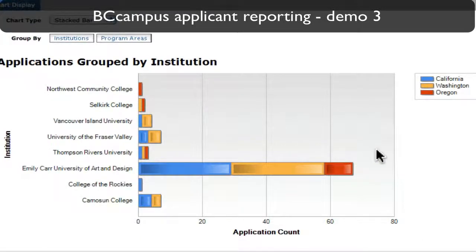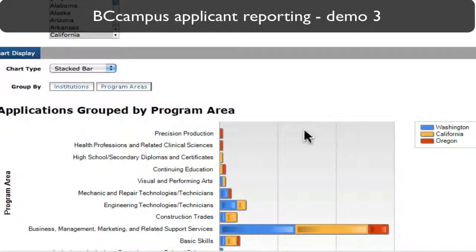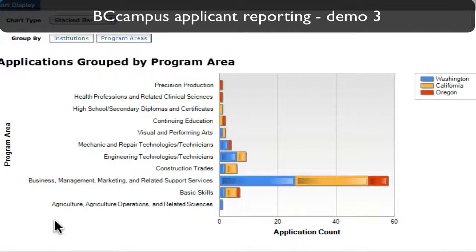Again, we can see that the majority of students from those states were applying to Emily Carr, broken down pretty evenly between Washington and California. We could also look at the program areas, and again, I think the Emily Carr programs are coded into this area.